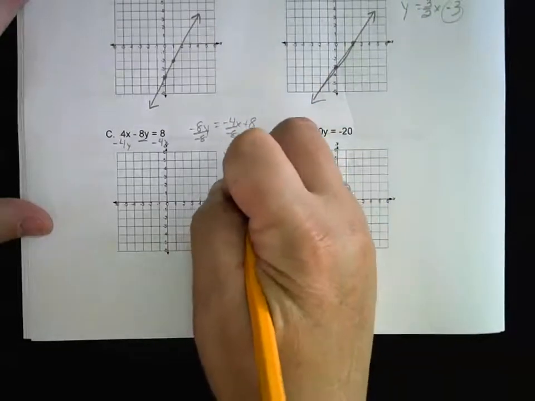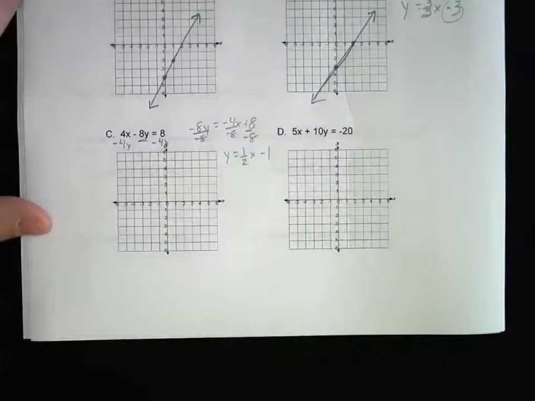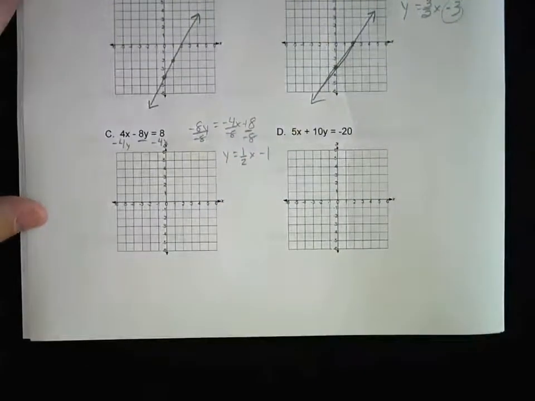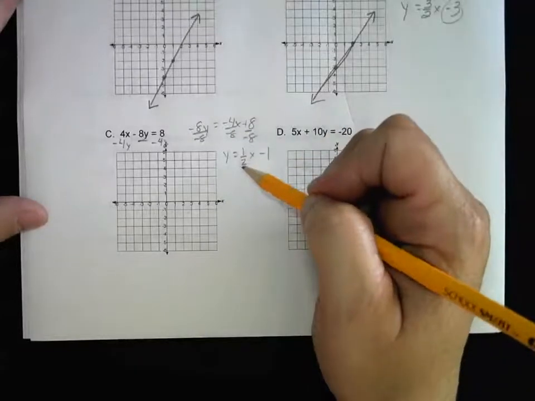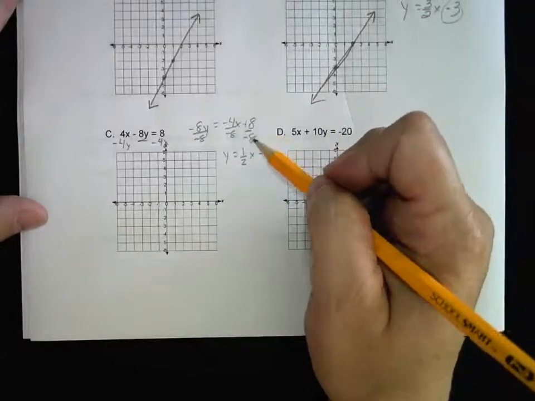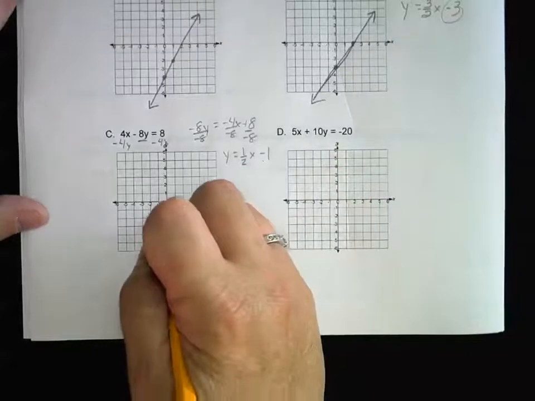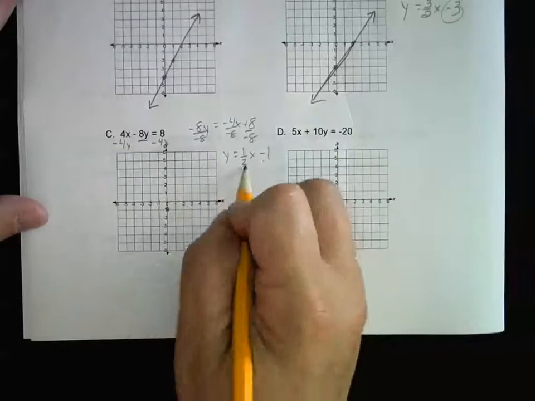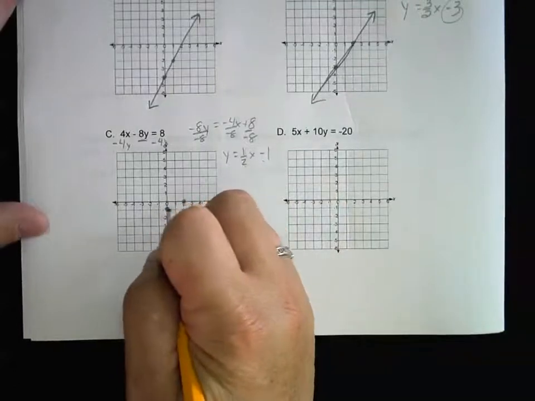And you have y equals 1/2 x minus 1. And I took that 4/8 and I reduced it to 1/2. 8 divided by negative 8 is a negative 1. So our y-intercept is a negative 1. Slope is 1/2, so up 1 and 2 to the right.